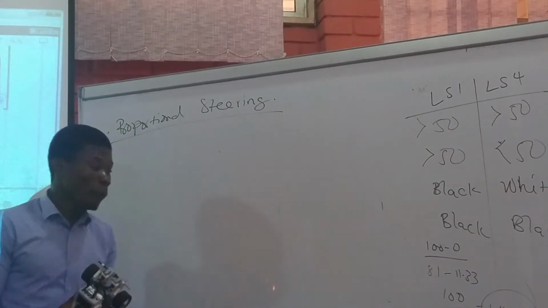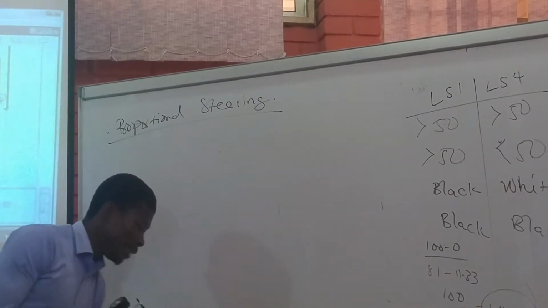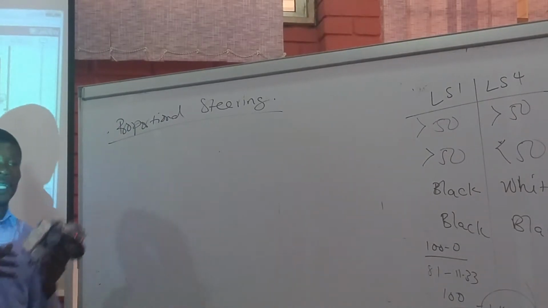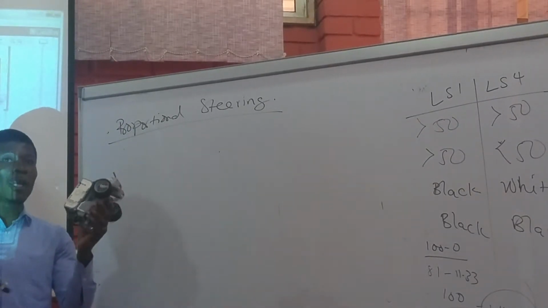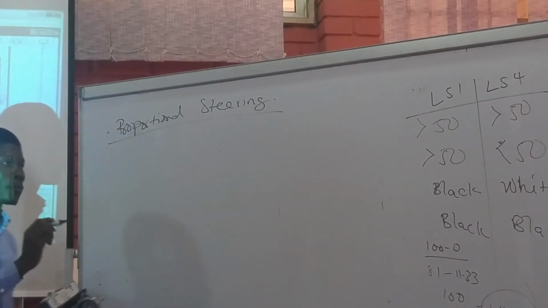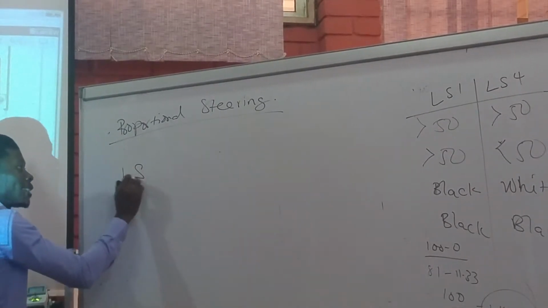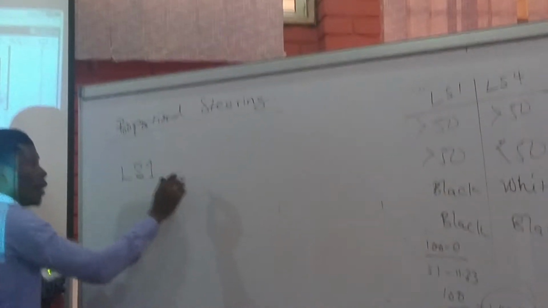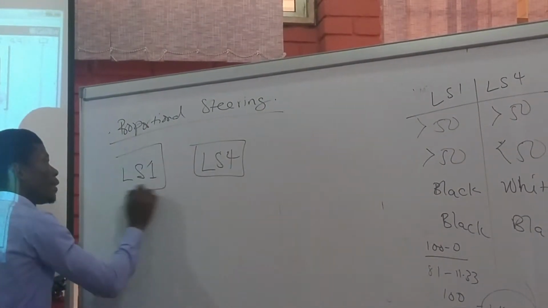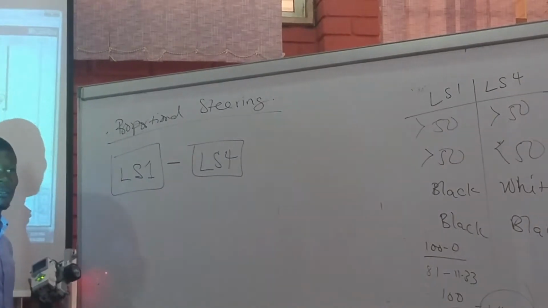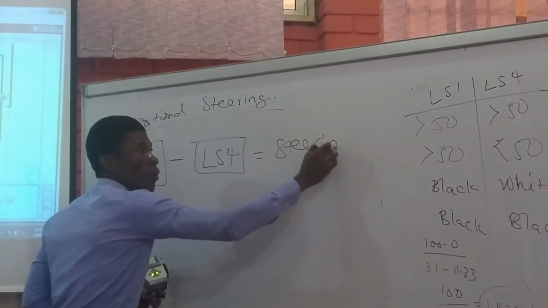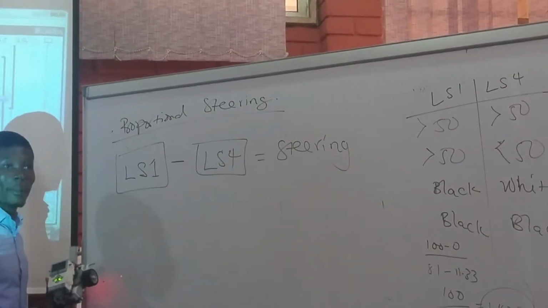So we write a simple equation to say the steering that should apply if I were moving at a constant speed of 40. The only time I would need steering is when some error has happened. If I have light sensor on 1, light sensor on 4, and I say subtract, and the result should go to steering, what is going to happen?